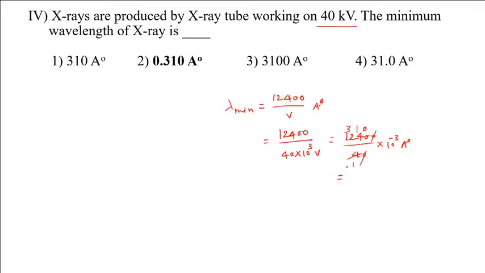So 310. So it is 310 into 10 to the power minus 3 angstrom unit. If I multiply this by 10 raised to minus 3, then the decimal shifts towards left by 3 places. So I can get 0.310 angstrom unit. So the correct option is option number 2.